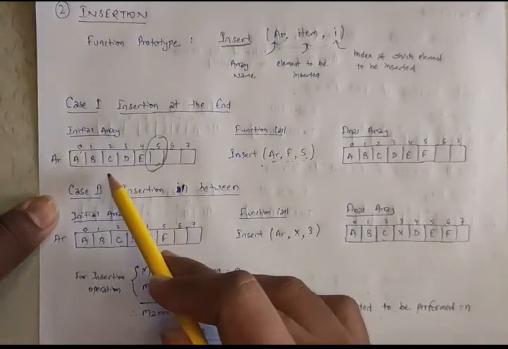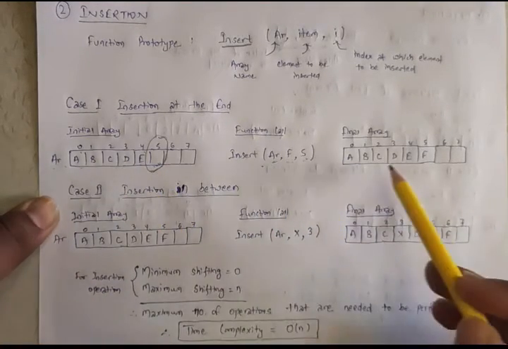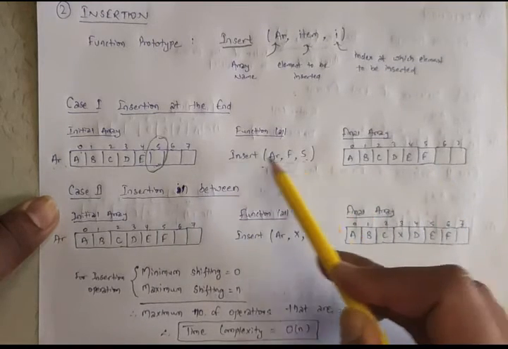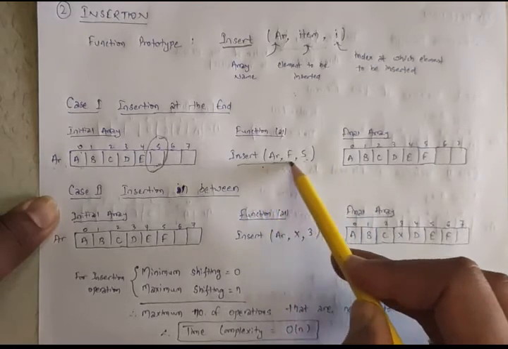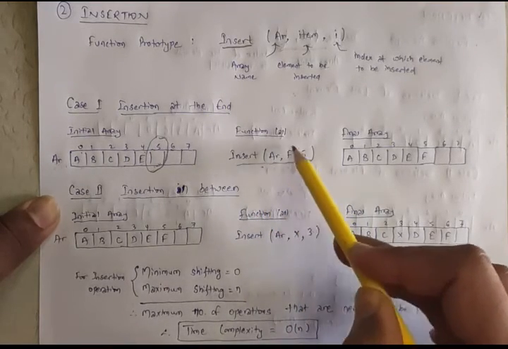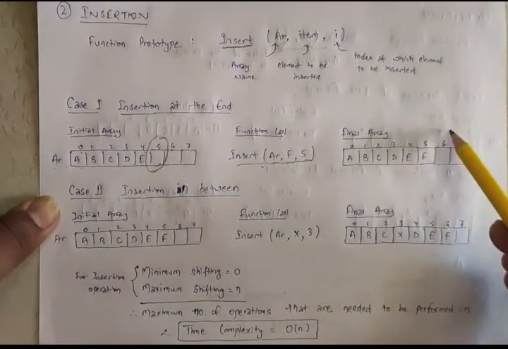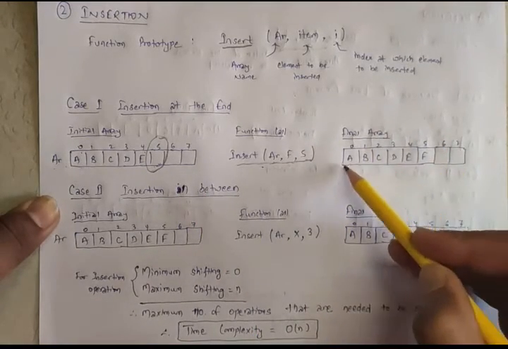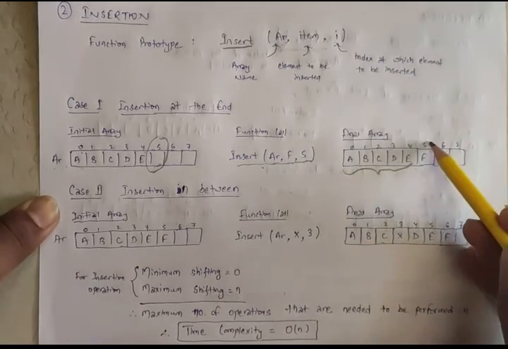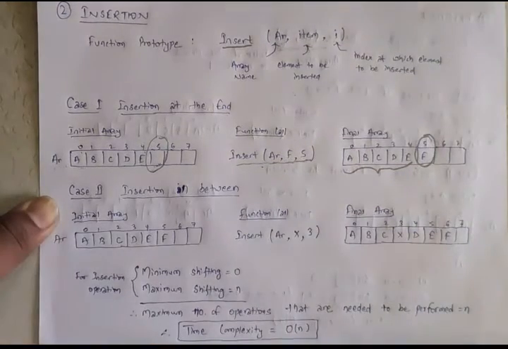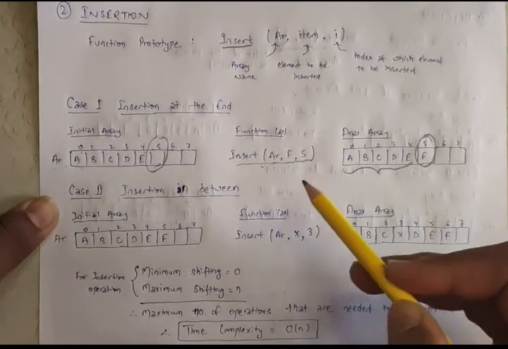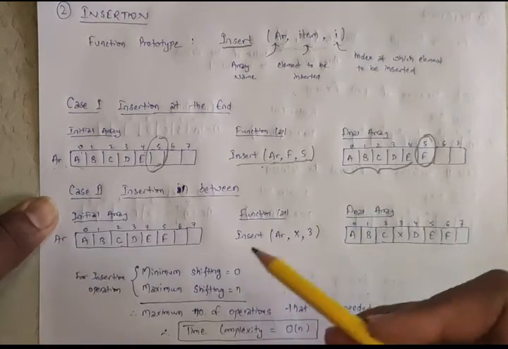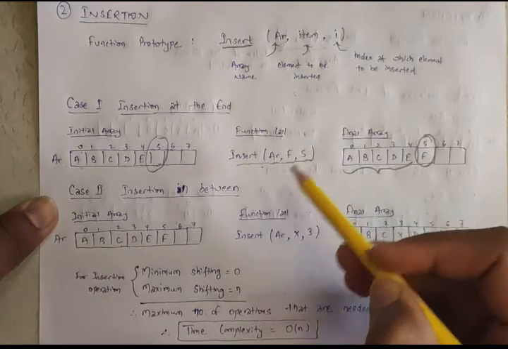So this is the initial array, and this is the final array after performing this function call, the insertion at the end. I'm not talking about the implementation of the insertion here, but because I have to talk about the time complexity, I'm just explaining the working.